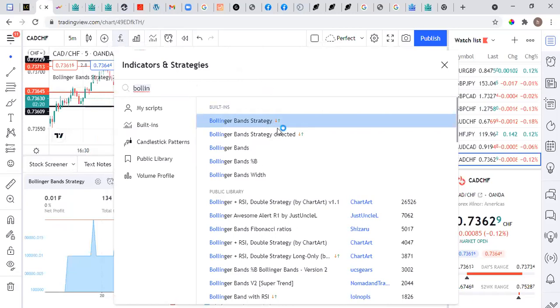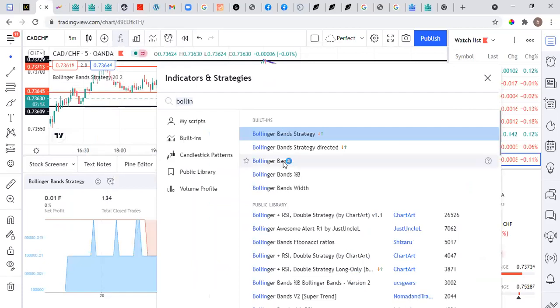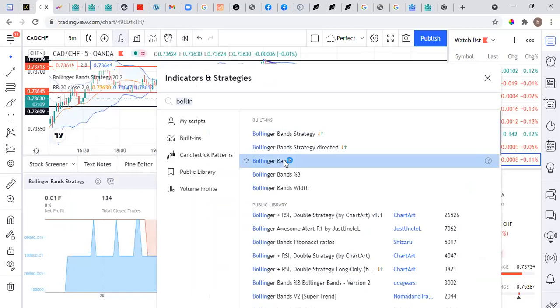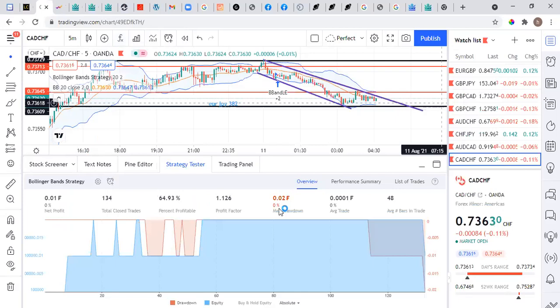This is not what I'm looking for. Check this. Oh yeah, so this Bollinger Band, just click this. This is Bollinger Bands. Can you see the one I clicked? Just Bollinger Bands. I'm going to remove this. I didn't mean to activate this.